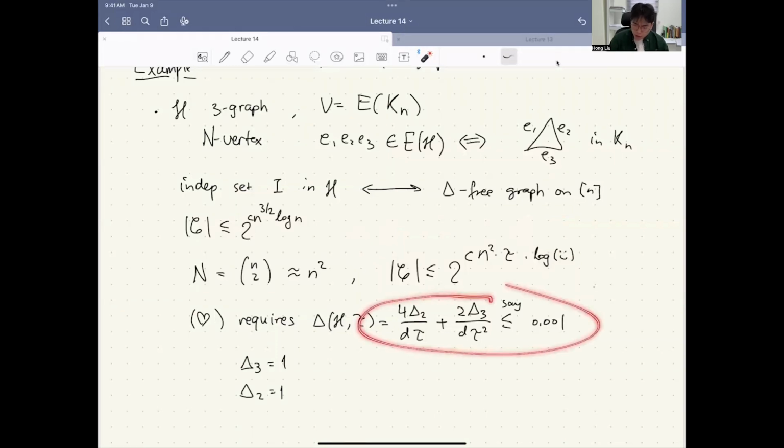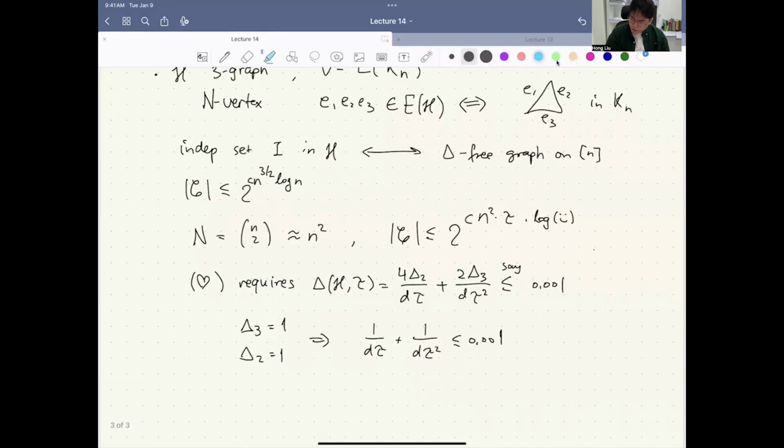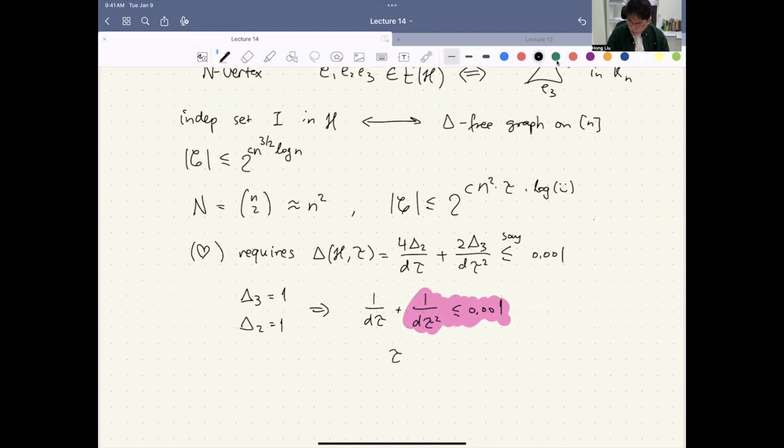So this condition becomes, forget about this constant, this is basically constant now, 1 over d tau plus 1 over d tau squared. Tau goes to 0, so this term is larger. It's a stricter condition here. So what really matters is this leading term. And if you solve it, tau must be at least 1 over square root d.